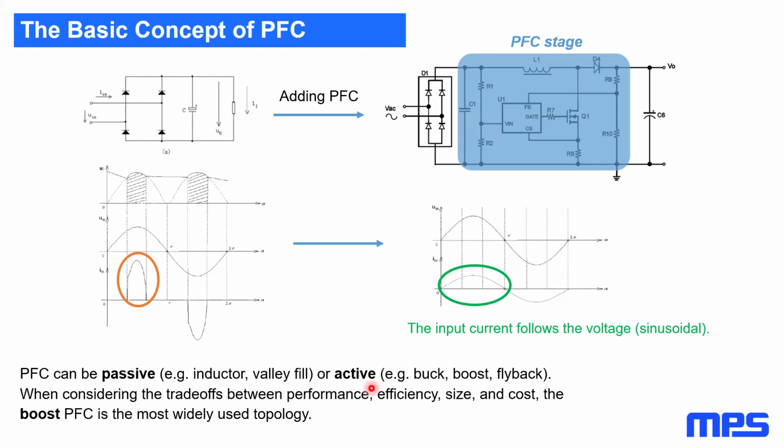So it could be a buck, a boost, a flyback, etc. But really, when we look at all the trade-offs, the power factor that it can achieve, the amount of distortion, the efficiency, the total size it takes on the board, and of course, related to the size, its cost, then the most widely used today is the boost PFC, because it brings the most advantage at the lowest cost.